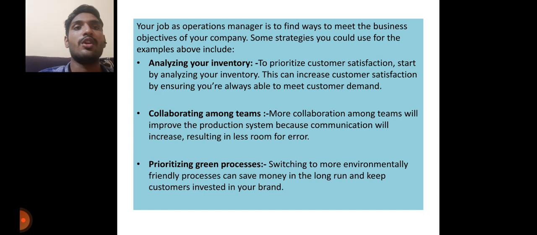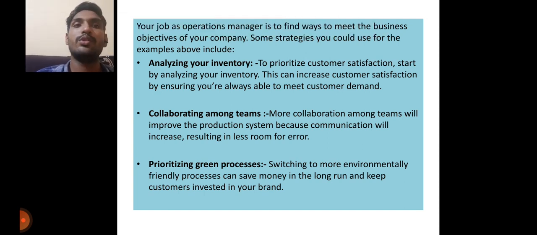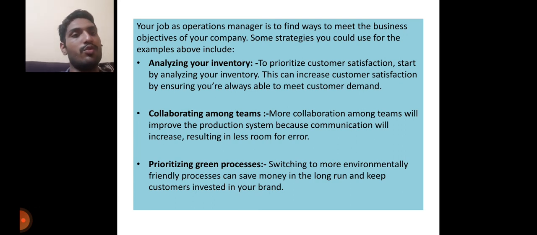Some strategies you could use for the examples above include, first, analyzing your inventory to prioritize customer satisfaction. Start by analyzing your inventory. This increases customer satisfaction by ensuring you are always able to meet customer demand.